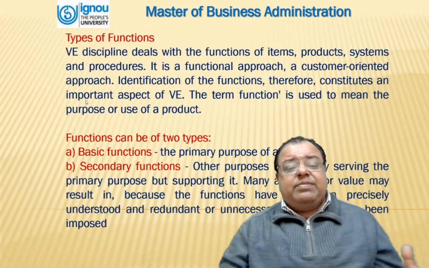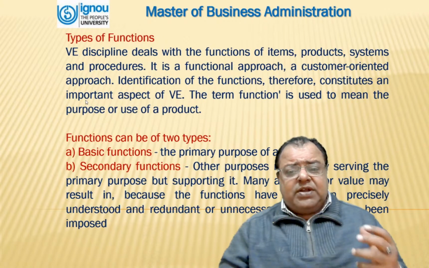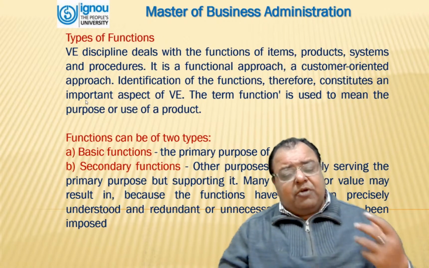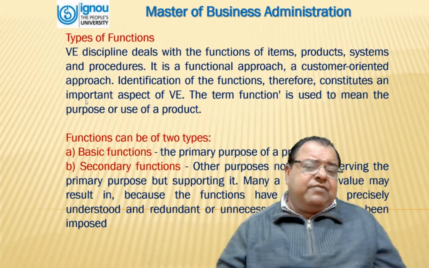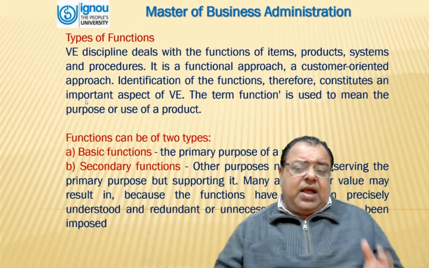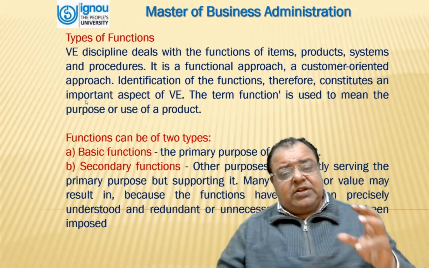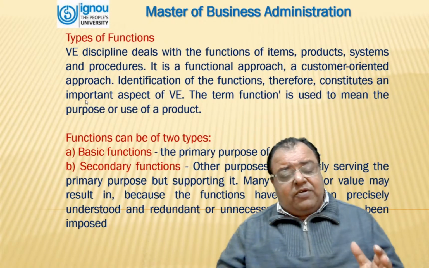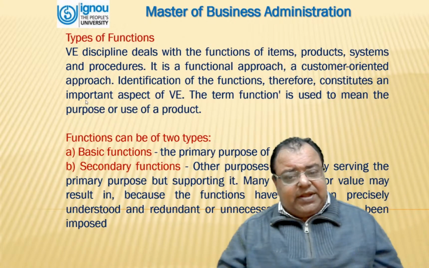What are the different types of functions? Value engineering discipline deals with the functions of items, products, systems, and procedures. It is a functional approach, a customer oriented approach. Identification of the functions, therefore, constitutes an important aspect of value engineering.